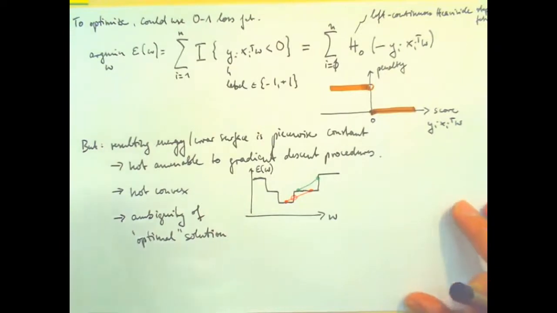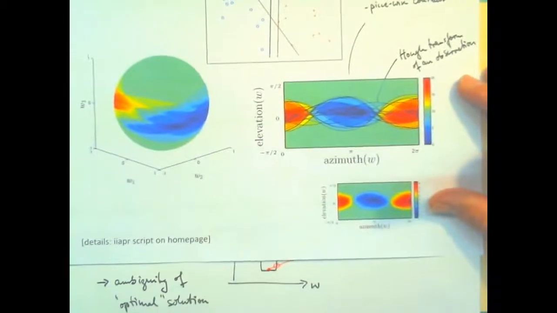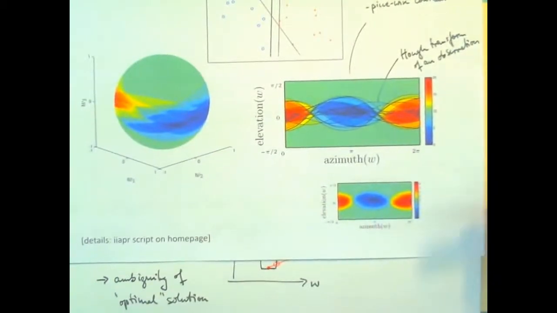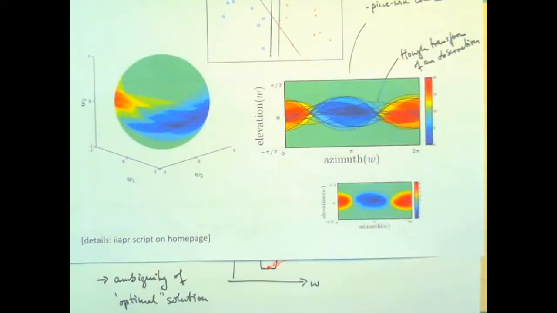So let me show this picture again. This minimum energy region, the one where the error is 0, has some finite extent. So there are many classifiers that are a perfect fit to your training data. And I have shown 3 of these classifiers up there.